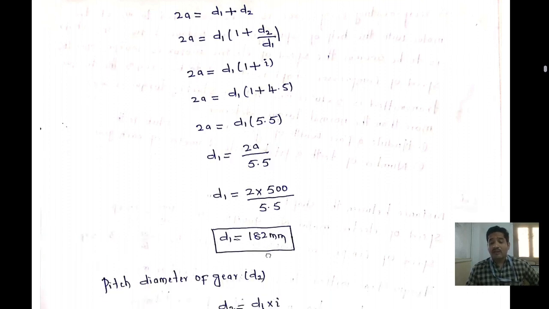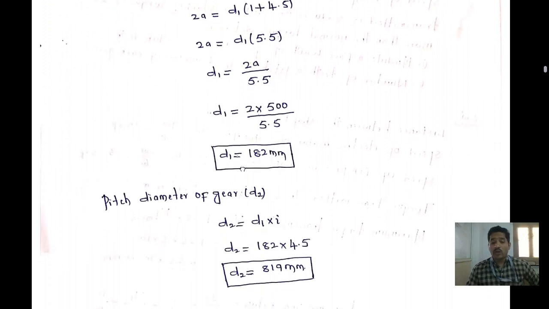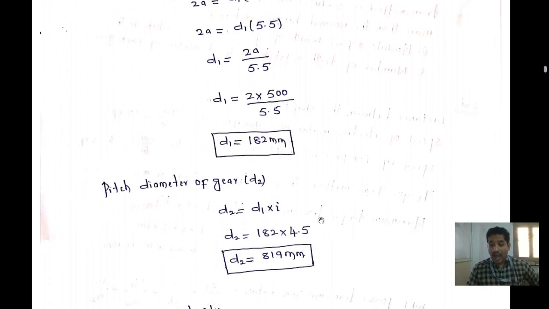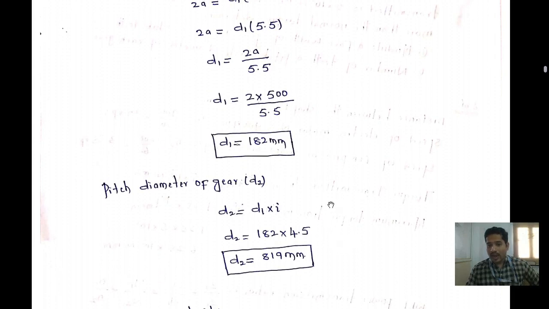After that we need to find out the pitch diameter of the gear, D2. We have the formula i equal to D2 by D1. So if you cross multiply, D2 is equal to D1 into i.